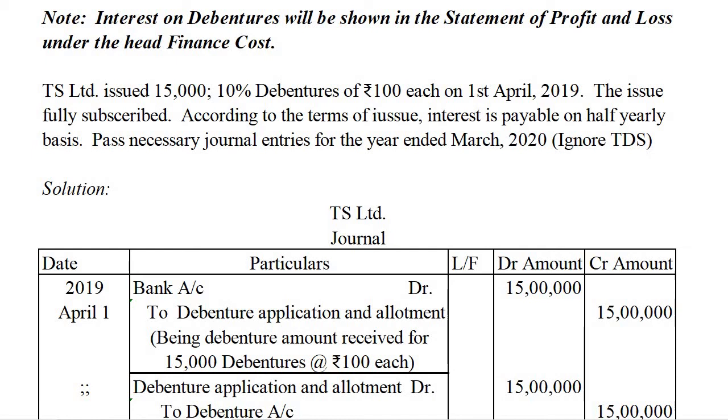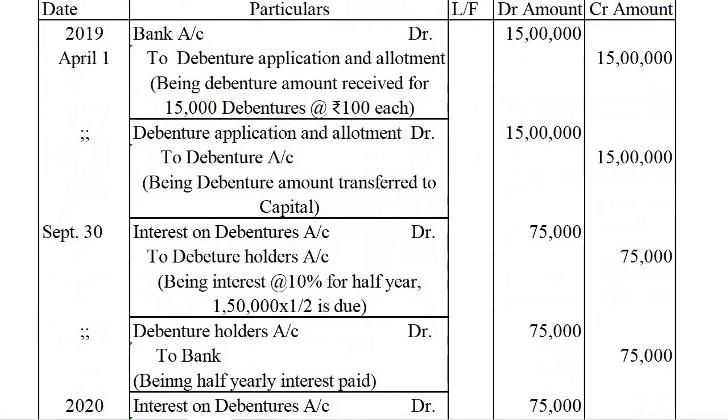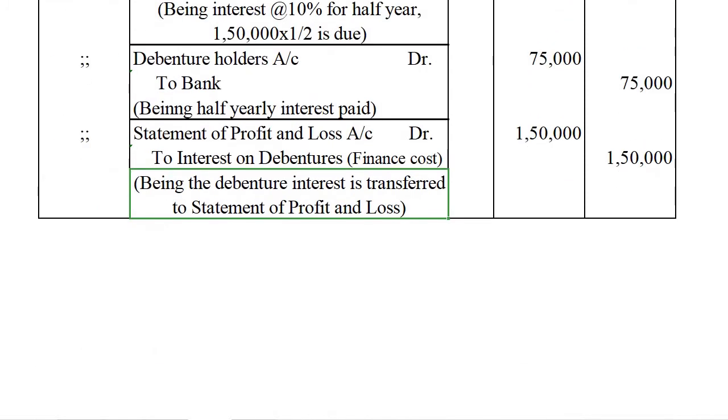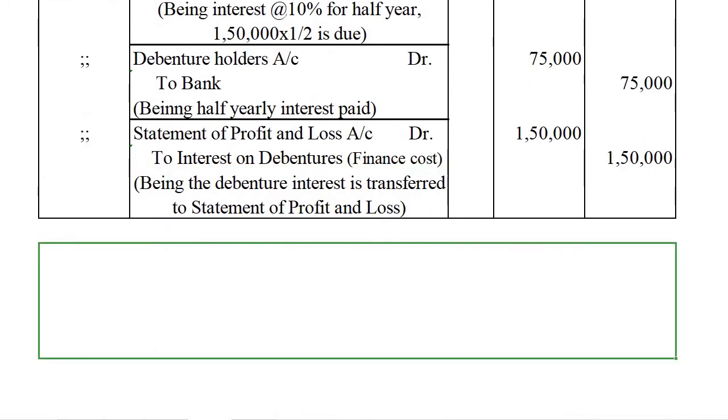Only 1 year is given, so we have prepared the journal entries for only 1 year. The company will prepare them throughout the life of the debenture. The same journal entries will be prepared. Yes. Now let us solve a question by considering tax also. That means TDS also will be considered. So this is the question before you.